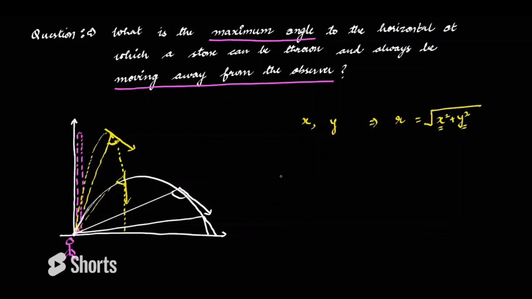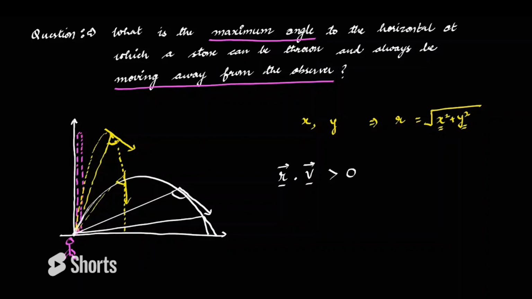So the concept says that if r, which is the position vector, and if v, which is the velocity vector at any point of time, if the dot product or scalar product of r and v is greater than 0, which means the angle is obtuse between r and v, then in that case the distance or the r vector will keep on increasing.